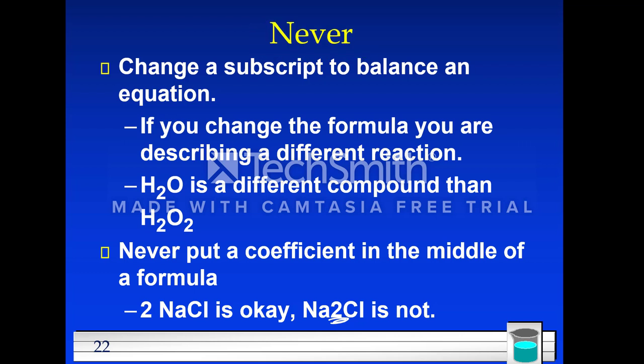Oh, it's not a subscript because I wrote it big. That's not right. Formulas don't look like that. So do not do that. If you need 2 Cl's, you put the 2 in front of NaCl and you get the Na's along with it. It'll work out, trust me. Eventually they work out, as long as you've got the right formulas.